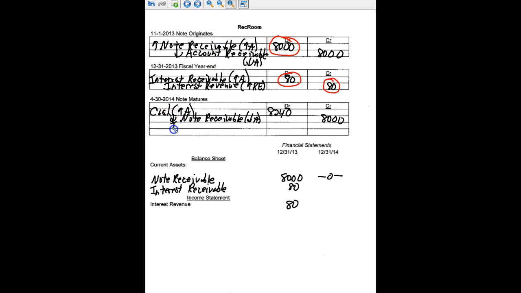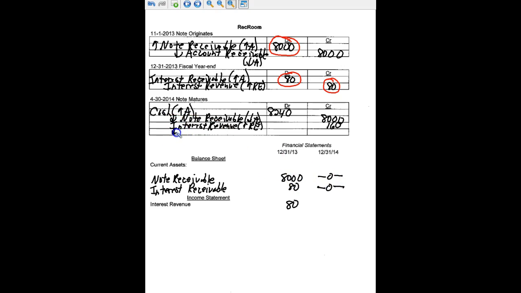So I'm going to credit, revenue is a credit, so credit interest revenue. Ultimately, that increases retained earnings, $160. Now the other thing is that we have this interest receivable. And as I had noted earlier, that should have a zero balance when we're all said and done.